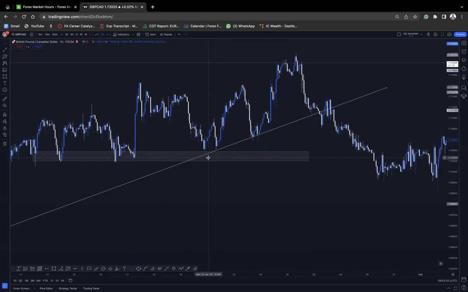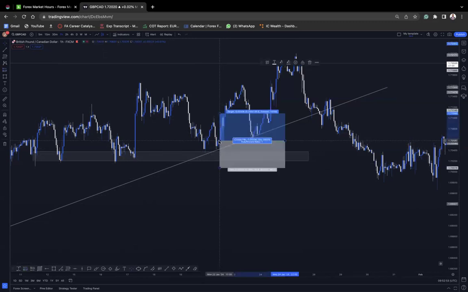Price rejects on your trend line for the second touch, third touch. When price rejects, you start seeing bullish candles coming in, then you can jump in for your buys, right? The reason why I'm jumping in is because I have confirmations: a bounce on my trend line, candlestick confirmation, and I have resistance. Remember, for you to take a trade, you need at least three confirmations; if it's too bad, two.